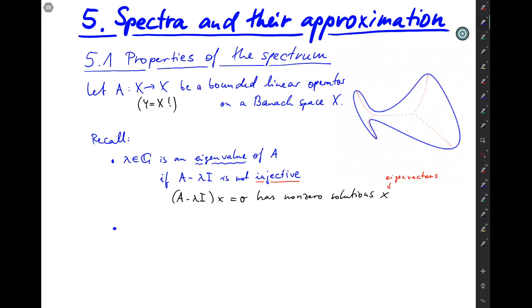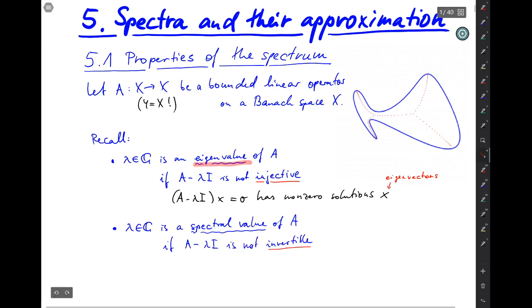Now in contrast, lambda is a spectral value of A if A minus lambda I is not invertible. We spoke about the difference between eigenvalues and spectral values in chapter 1 already, so we can keep this short now.